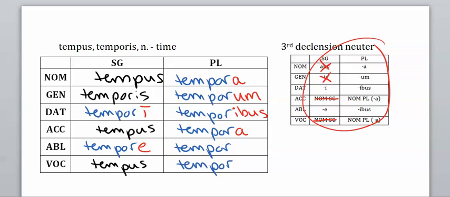Another rule about the neuters, the accusative always looks like the nominative above it, tempora. Get one more temporibus. And then the vocative plural also needs to look just like the nominative above it. So we get tempora one more time. And that is how you decline a third declension neuter word with a stem change.